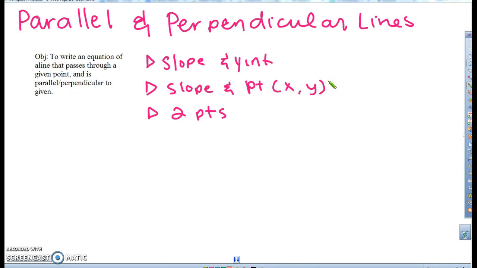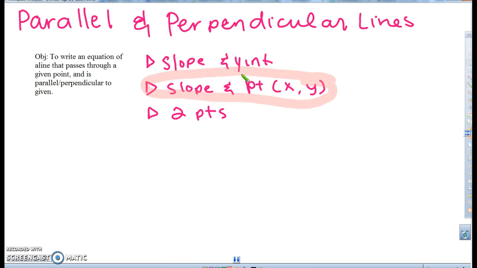And if they give us a slope and a point, that's what we're doing today with parallel and perpendicular lines. They'll give us a point, like we said in our objective, and they'll also give us not necessarily what the slope of our line is, but what the slope of a different line is, and we can adapt that for our line that we're going to write.